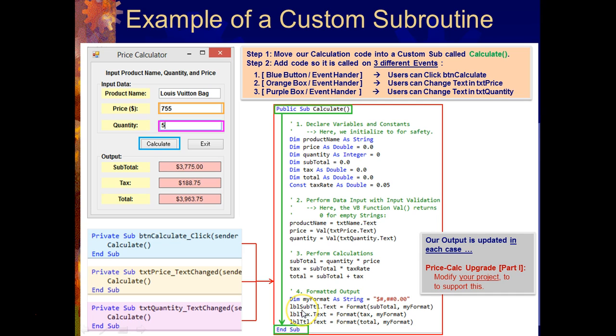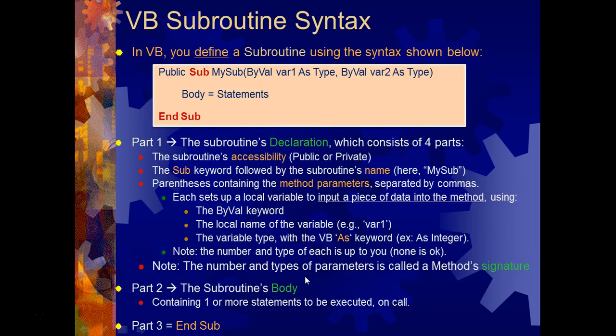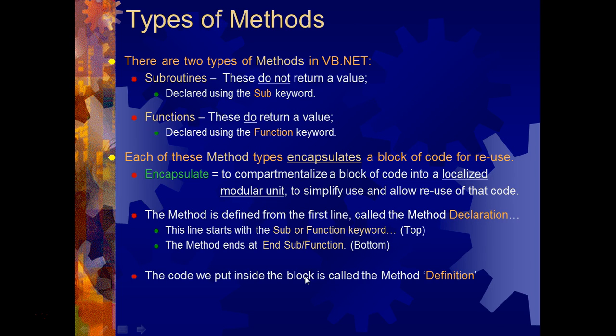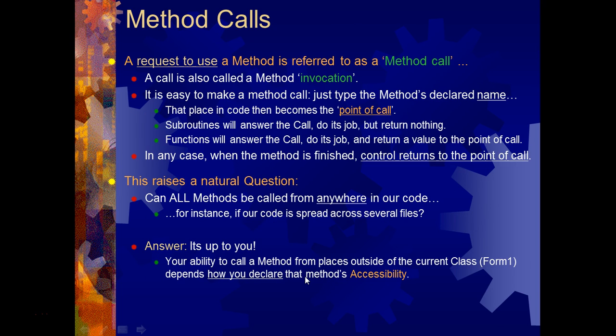It sounds a little like, why do we have to talk about it in this way? But it could be useful to talk about it in that way. So functions will answer the call, do their job, and return a value to the point of call.